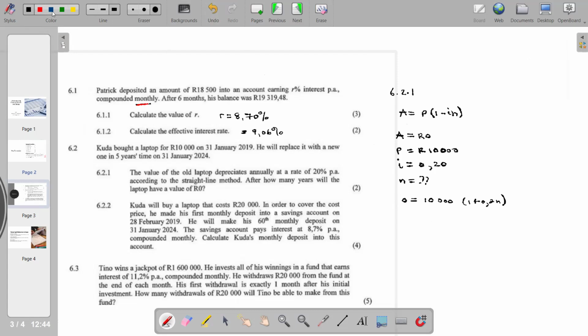From there, divide both sides by 10,000. Here they are going to divide each other, so you'll be left with n. 0 divided by any number is 0. So we are left with 0 being equal to 1 minus, sorry, it's not plus, it's minus here.